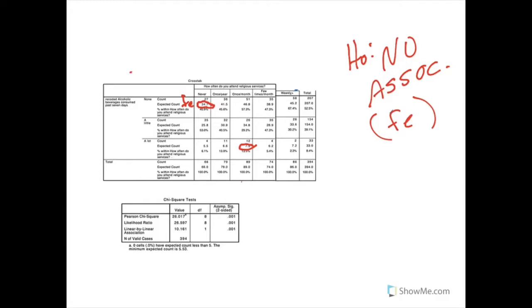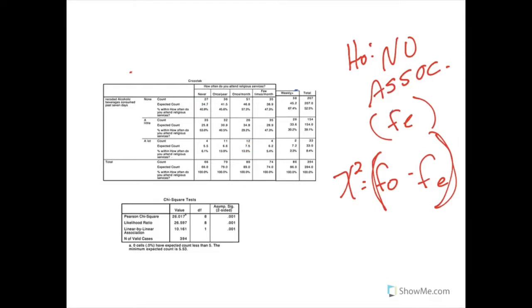Then what chi-square is doing is comparing what we observed to what we would expect if there was no association. I really don't want you to concentrate on the formula of chi-square too much, because this is the heart of it right here, the difference between observed and expected. The top number is observed, the second one is expected, and their difference contributes to chi-square.